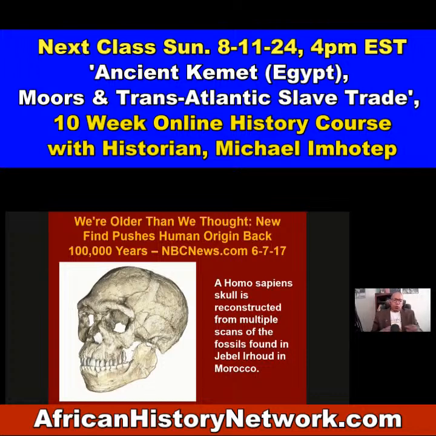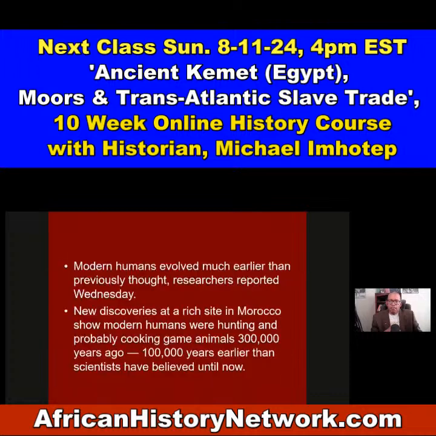This was a good article dealing with an archaeological discovery from out of Morocco, June 7th, 2017. We're older than we thought. New find pushes human origin back 100,000 years. Modern humans evolved much earlier than previously thought, researchers reported Wednesday.